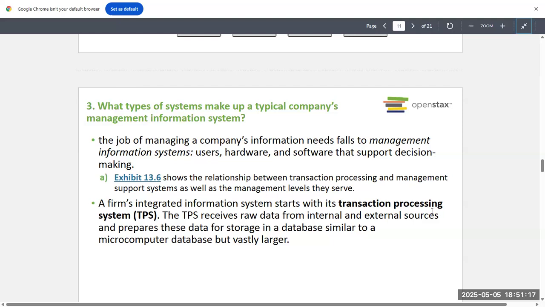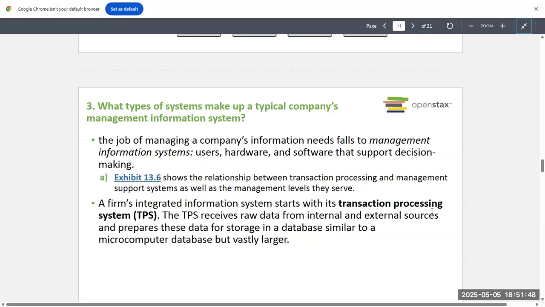For example, when a customer makes a purchase at a retail store, the TPS records the transaction details like the date, the time, product purchased, and the payment method, and updates the inventory simultaneously, okay? The database created by the TPS is like a large-scale version of a typical microcomputer database, and the entire idea is to have it all right there.